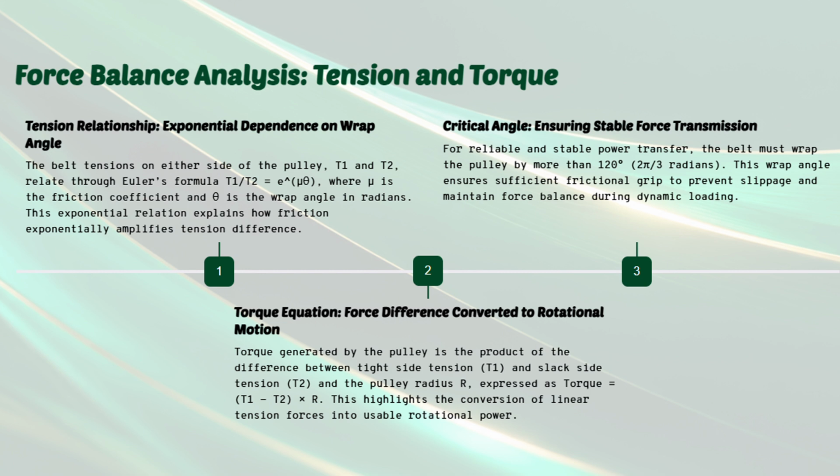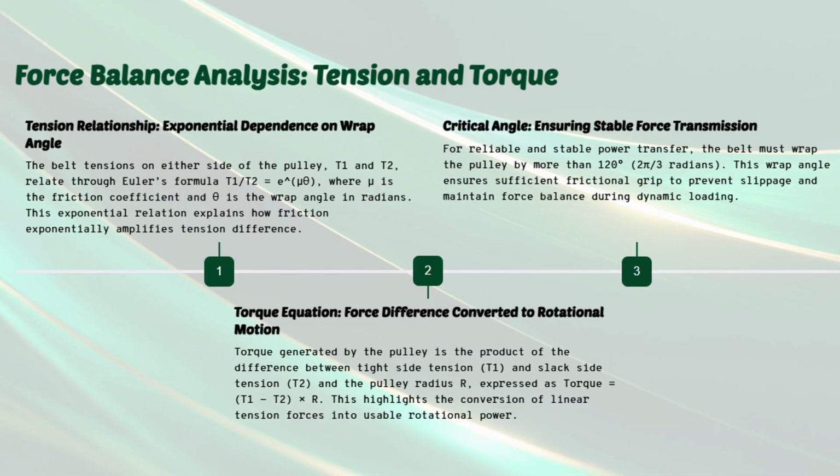Because of this exponential relationship, there is a critical angle required to ensure stable force transmission. For the system to maintain a reliable grip and prevent sudden, dangerous slippage under dynamic loading, the belt must wrap around the pulley by a minimum of 120 degrees, or 2π/3 radians.